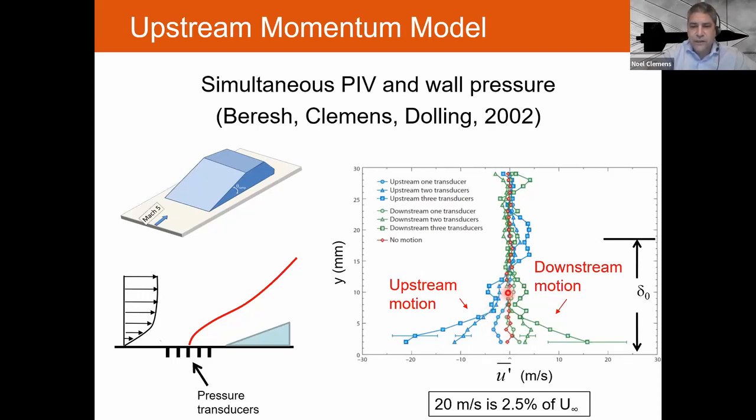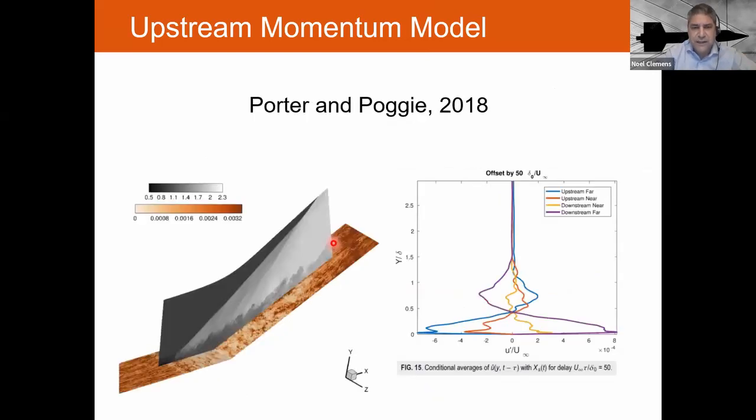And in fact, that was what he showed: downstream motion is associated with upstream velocity fluctuations that are positive, and upstream motion is associated with fluctuations that are negative. You can see they keep growing as they get closer to the wall. And right here, they're about 20 meters per second, which is 2.5% of U infinity. And you've got to ask, is that really strong enough to do anything to the flow? There might be a correlation, but is that really a cause of much unsteadiness?